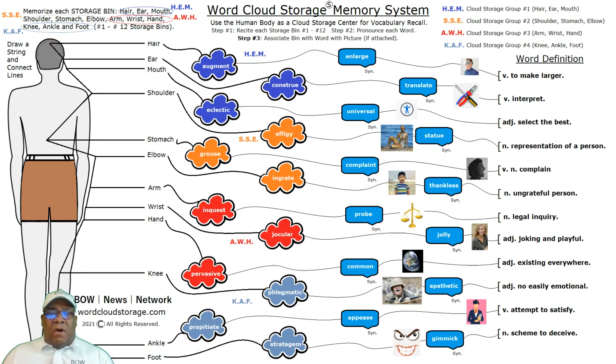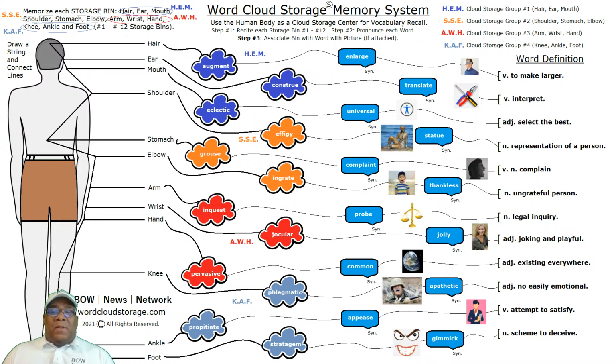With those units, people actually put their cell phones into the unit and can see and experience augmented virtual reality. We assigned augment to the hair storage bin because of all the things on your body, the hair encompasses your entire head. For those of you who have hair.